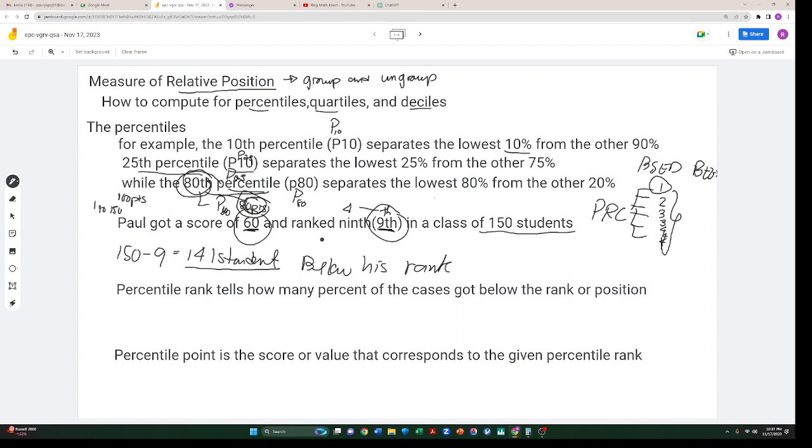So, if we get the percentage, 141 as the number of students below my rank, divide by 150, which is 94%.